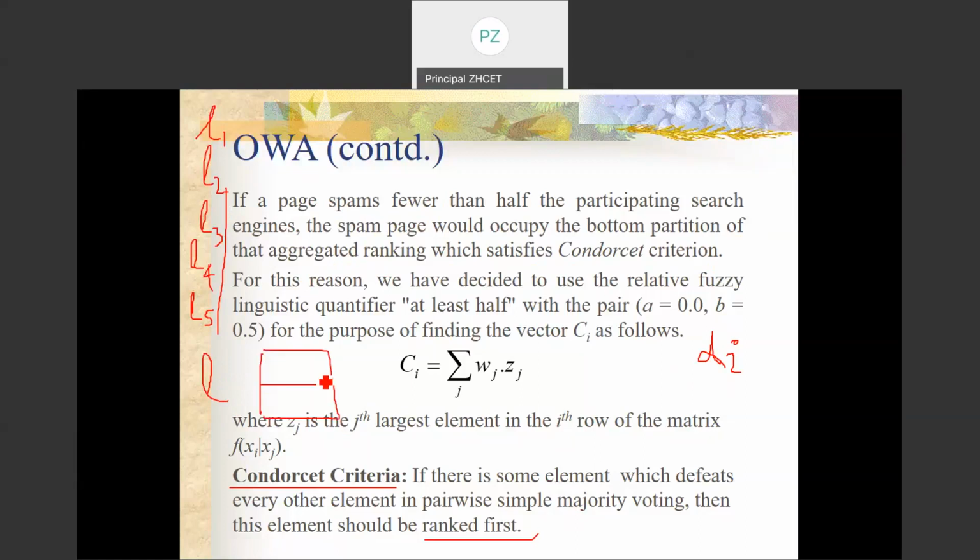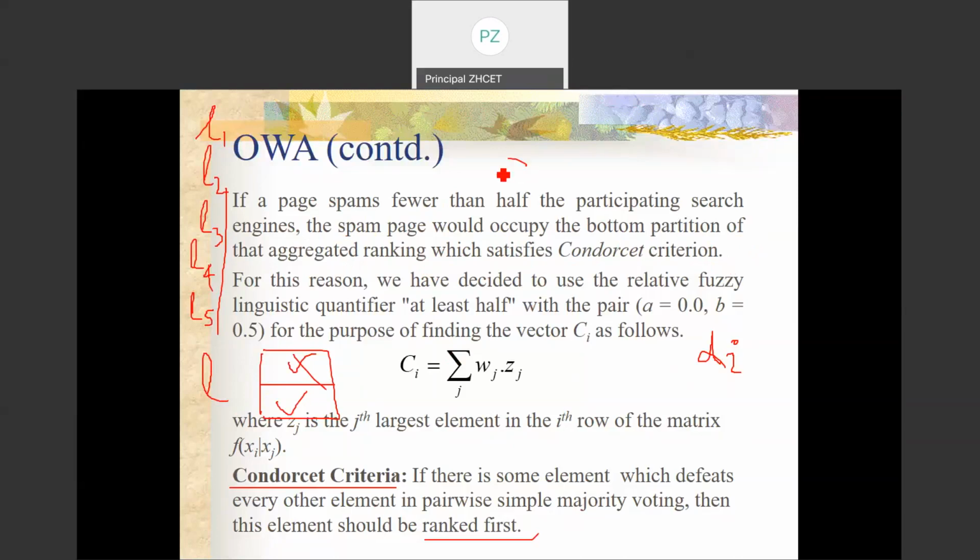It cannot come in the upper half. It would be in the lower half, provided that it is able to spam fewer than half the participating search engines, right? So the whole picture is like this. If a page spams fewer than half the participating search engines, the spam page would occupy the bottom partition of that aggregated ranking which satisfies Condorcet criteria. So it will come in the lower half.